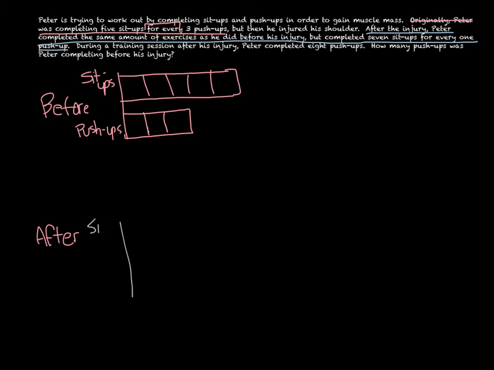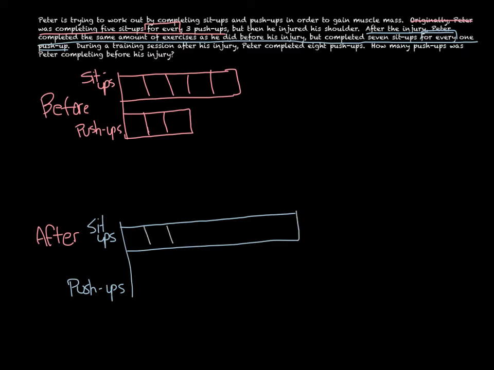We're going to label sit-ups and then push-ups. And this time our ratio, we're looking for that for every again, was 7 sit-ups. One, 2, 3, 4, 5, 6, 7 for every 1 push-up.